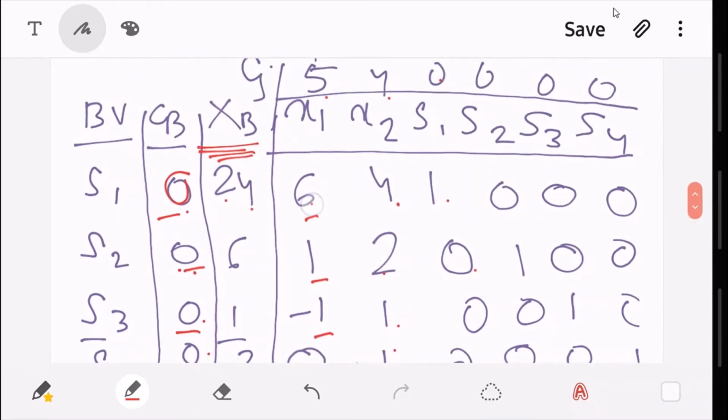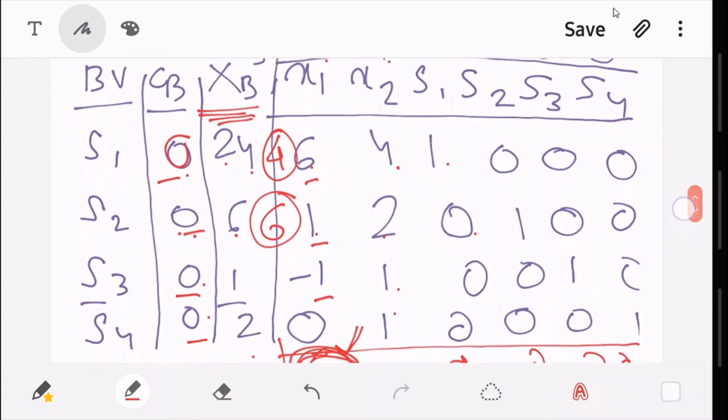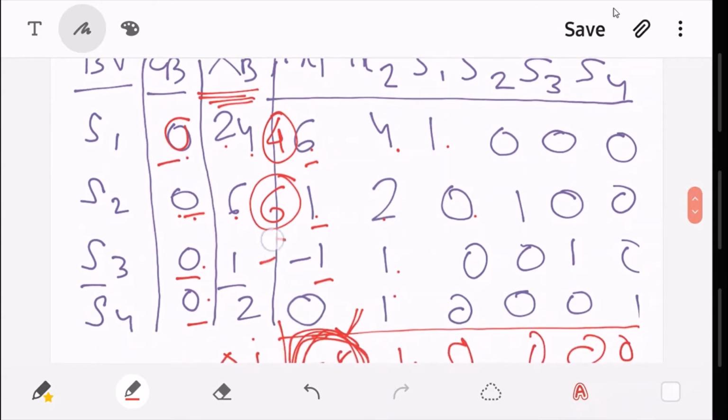So here 24 divided by 6 is 4. 6 by 1 is 6. This is negative, we won't be considering. This is dividing by 0, we won't be considering. So between 4 and 6, minimum is 4, which comes from the S1 variable.